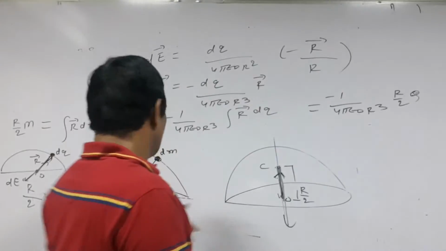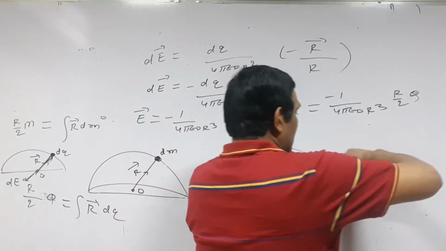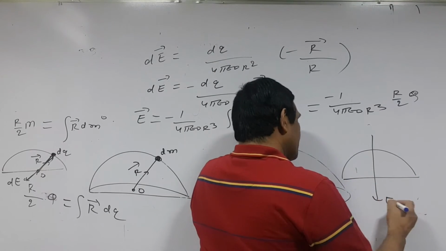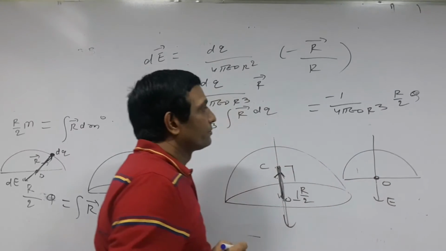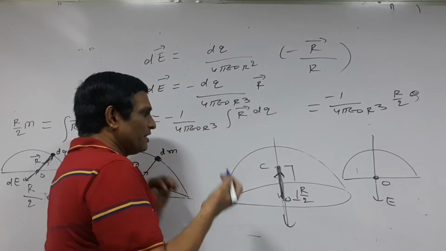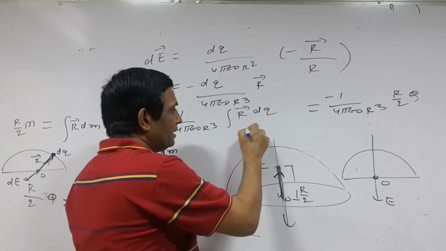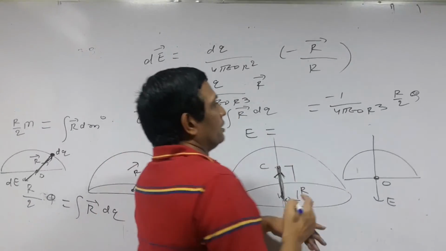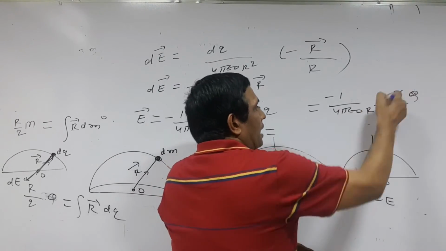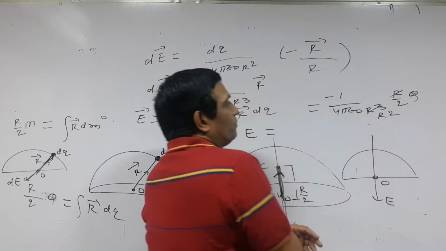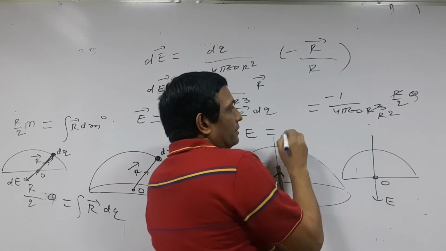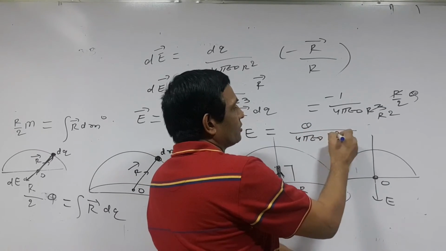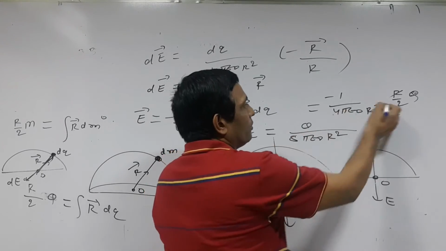It means the electric field will be in this direction at point O. So you can write only the magnitude, and that will be E is equal to, R will be cancelled by R cube, and your result will be Q by 8 pi epsilon naught R square.